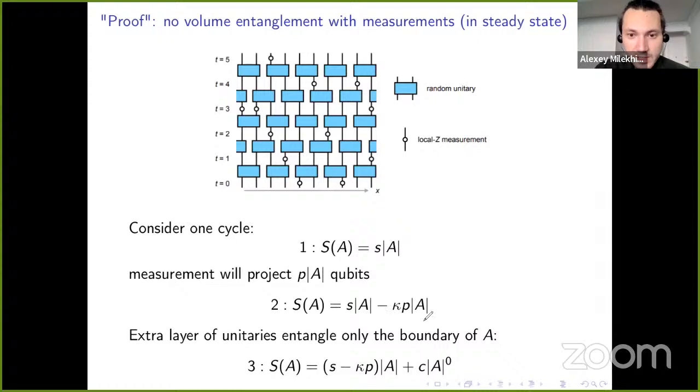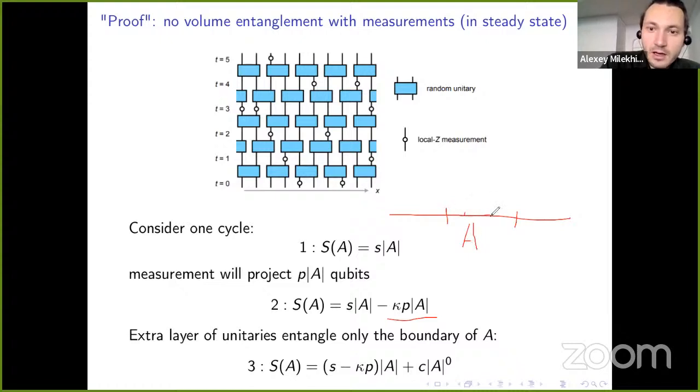Here it's a little bit heuristic. You can imagine that you have A, and you have these qubits which are entangled with the qubits outside.